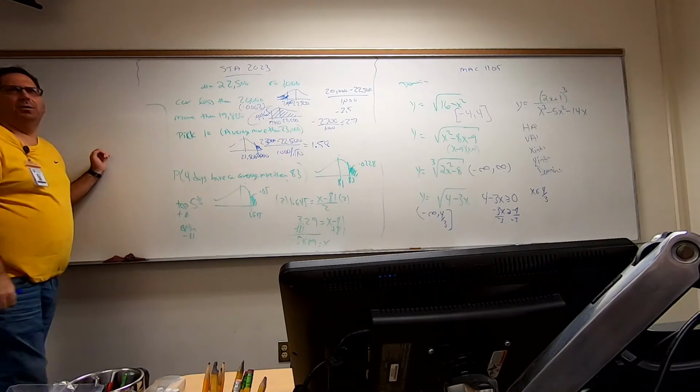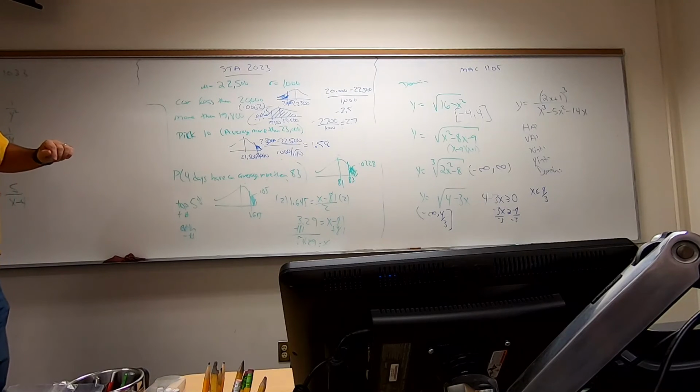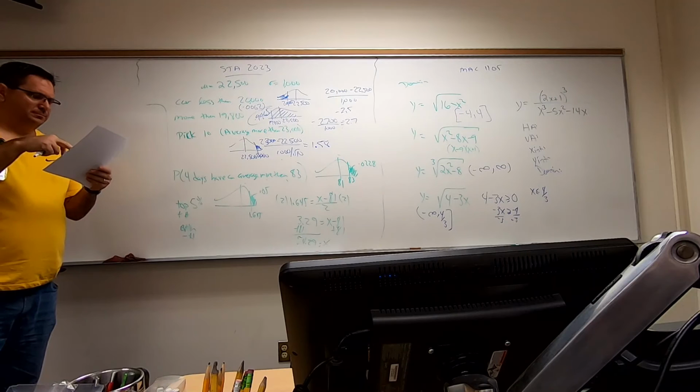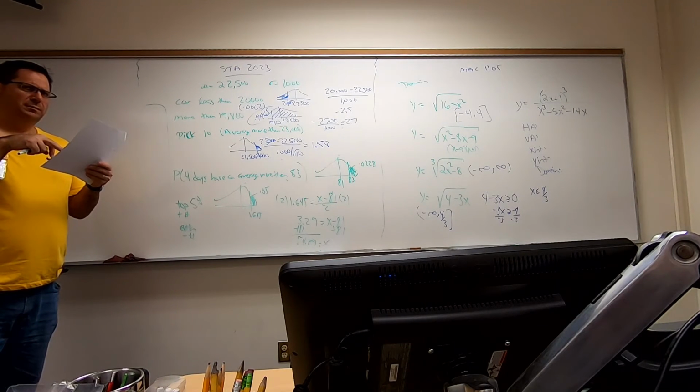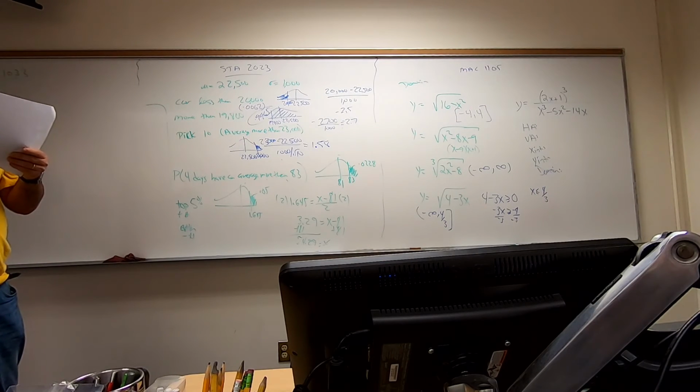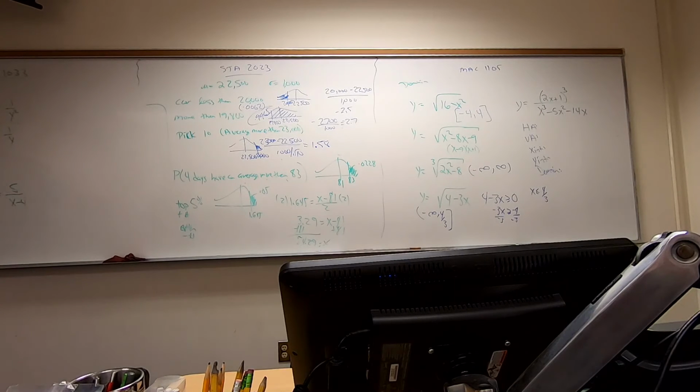1.58. Negative chart, what do you get? 0.0570. Why is it 0? It's 0.0571, yeah? 0.0570. What chart are you looking at?